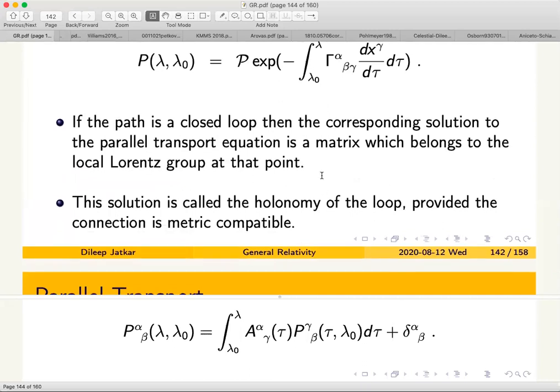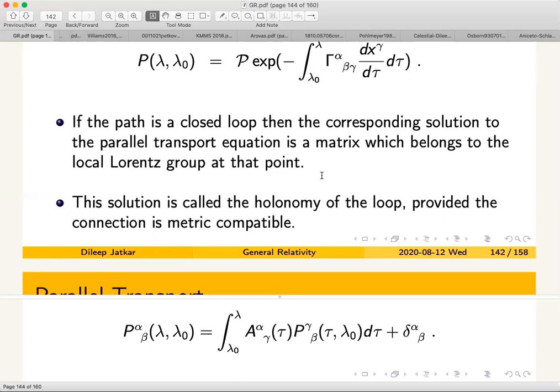Now remember, we are not just sitting at the same point. We are taking the vector, transporting it along a closed loop, coming back to the same point, because the loop is closed, obviously. So the vector that you get at the end of this transport is pointing in a different direction in general.